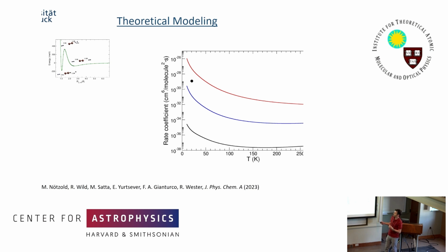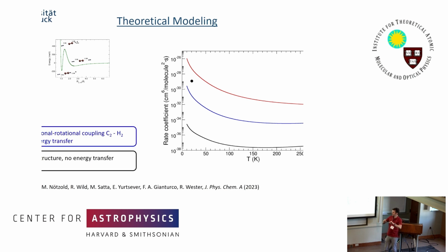If you take this minimum energy path and, with the tunneling, calculate the expected rate coefficients, you have some simple versions. If you just do it really simple and do a completely rigid structure, which is completely unrealistic, with nothing else going on, you get this black line down here, which is very low rates. If you make it not rigid but include vibrational-rotational coupling of the C2H2, which will then eventually react, you get much higher rates, but still about a couple of orders of magnitude below the region of what we were measuring.